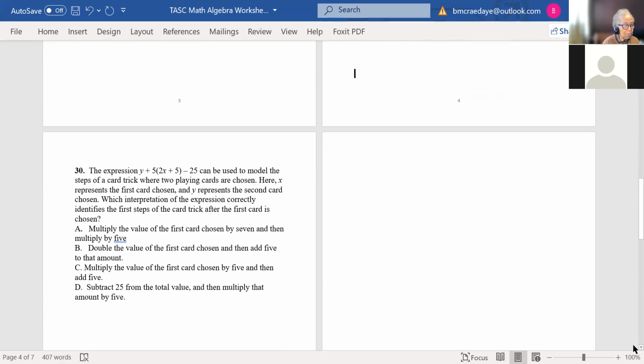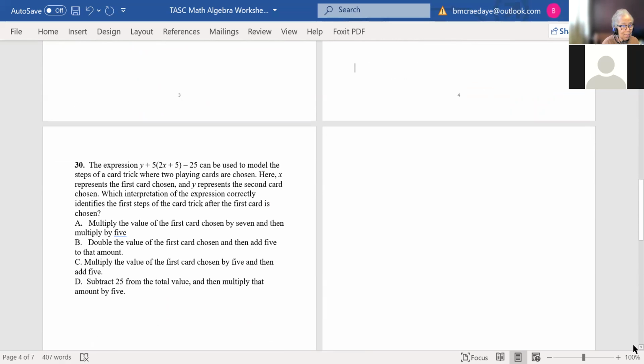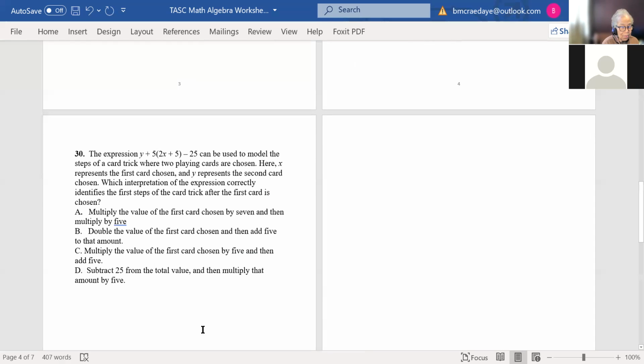Okay, Maureen, read number 30 and tell me the answer. This is PEMDAS actually. The expression y plus 5 raised 2x plus 5 raised minus 25 can be used to model the steps of a card trick, where two players' cards are chosen.